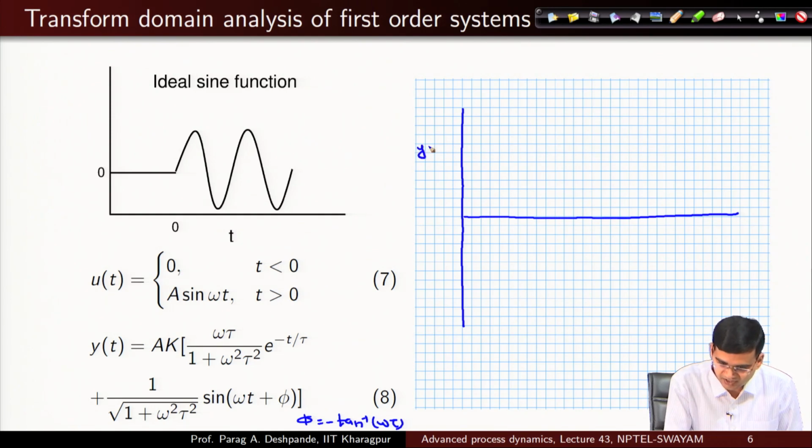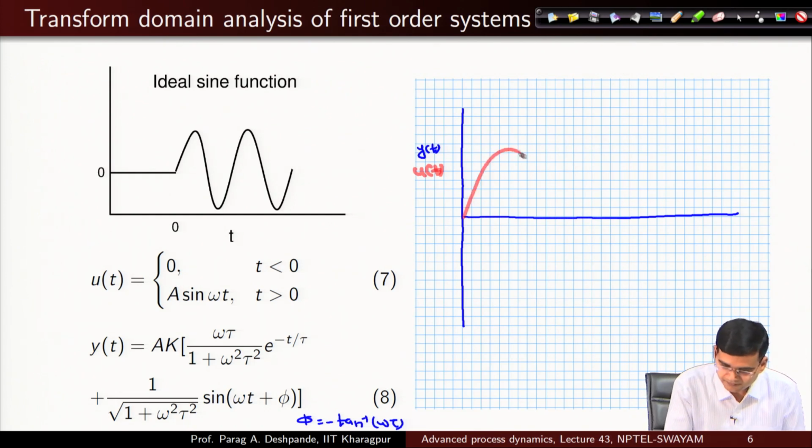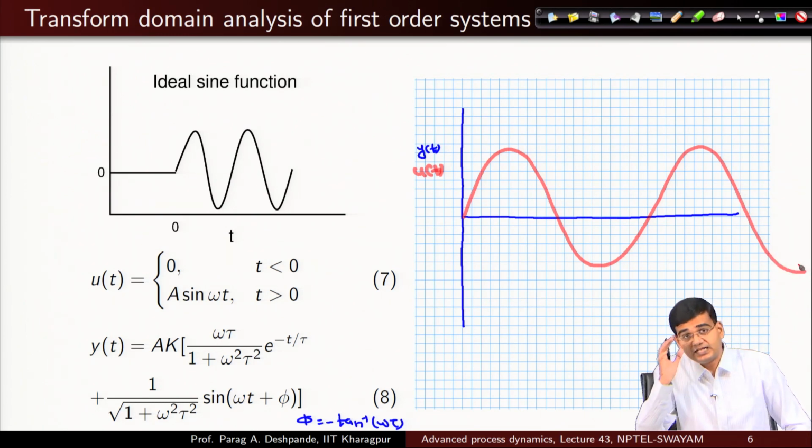So, this is y of t and u of t, and what you see here is that u of t is a sine function. So, it would look something like this. What is there in the response?